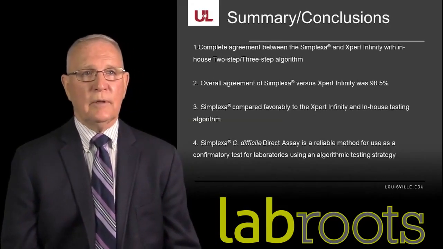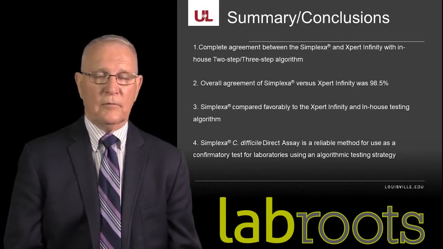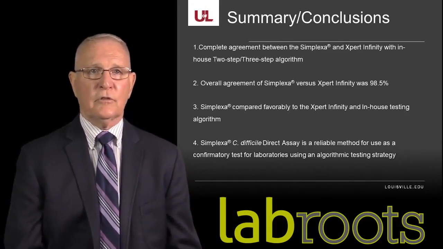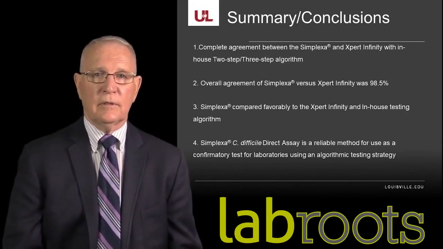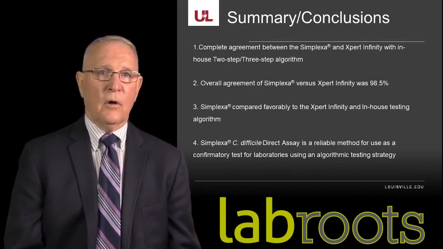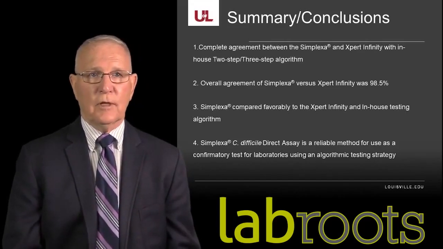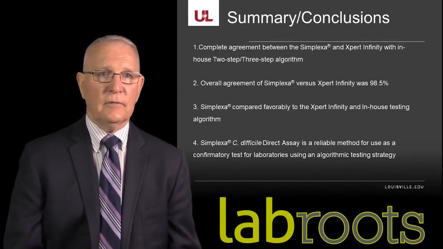So by way of summary, of the respective systems that were evaluated, with the primary focus being on the DiaSorin system, there was complete agreement between the DiaSorin and the GeneXpert with our in-house 2-step, 3-step algorithm. There was overall agreement of greater than 98% between the Xpert system and the Simplexa itself.